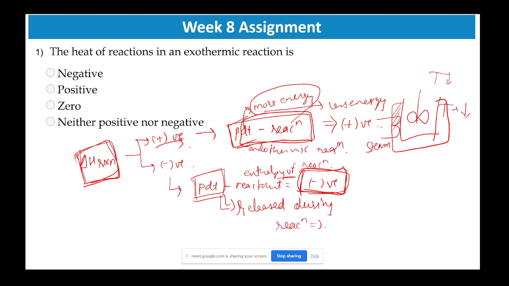Such reactions are known as exothermic reactions. So for exothermic reactions, the heat of reaction is negative.